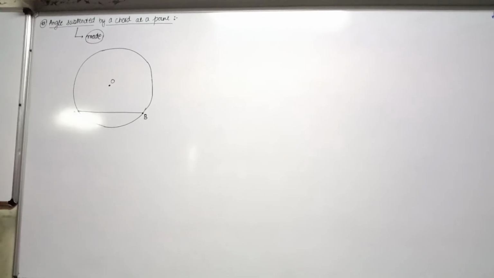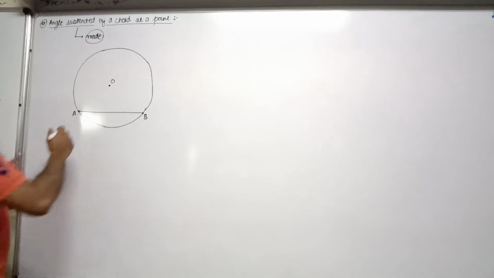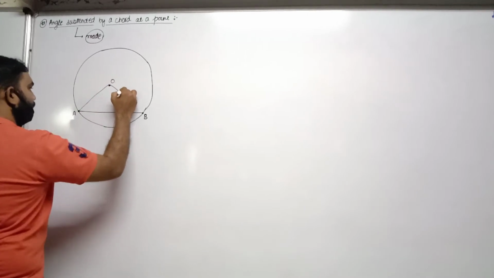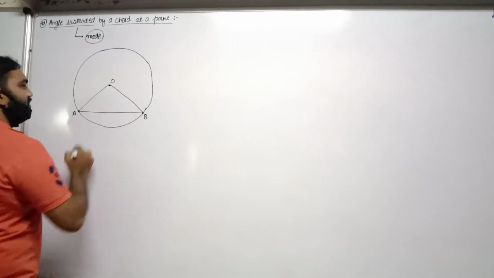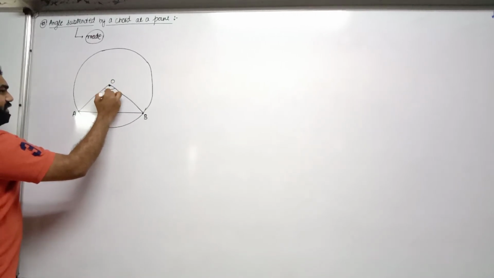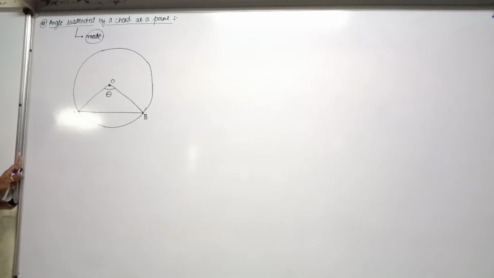First of all, let us say at the center. So this is the center and this is the angle made. Let us say, for example, theta. Do you know what theta is?